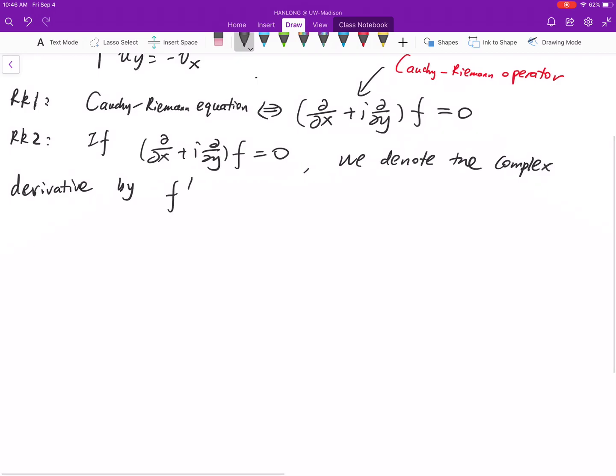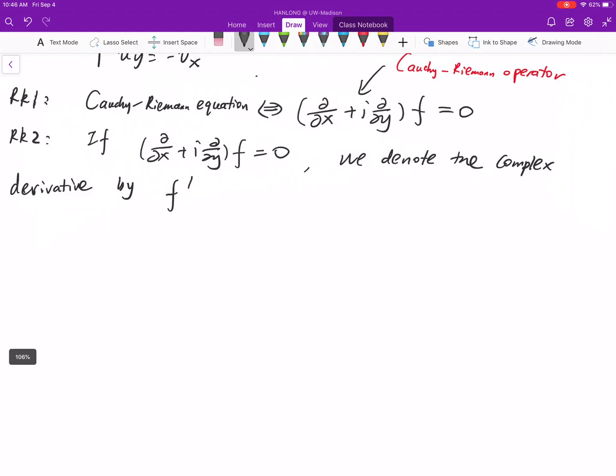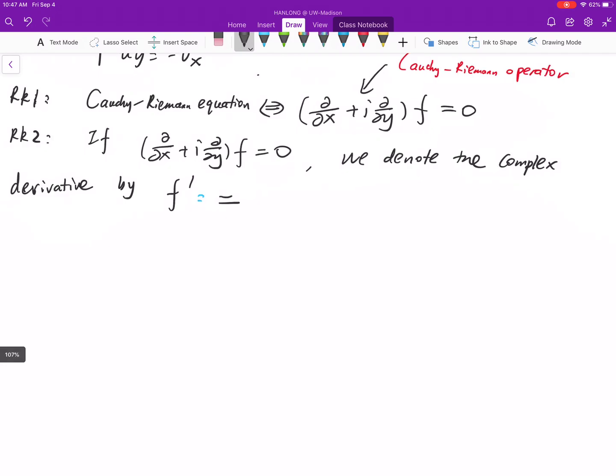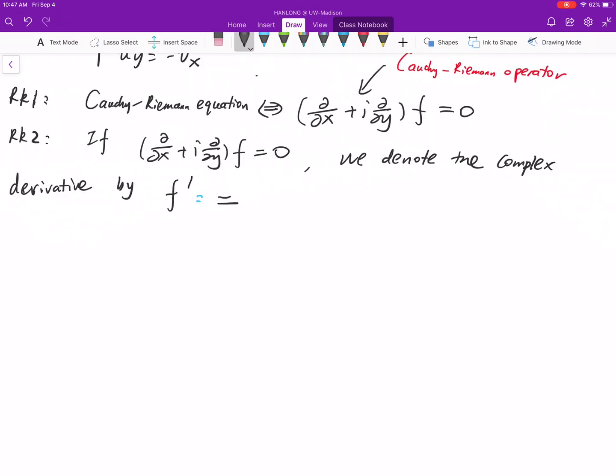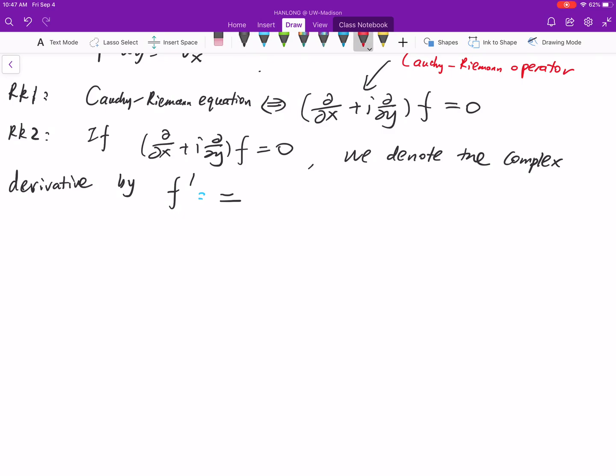So f prime is one half (partial x minus i partial y) f.